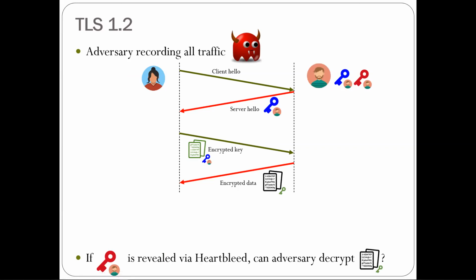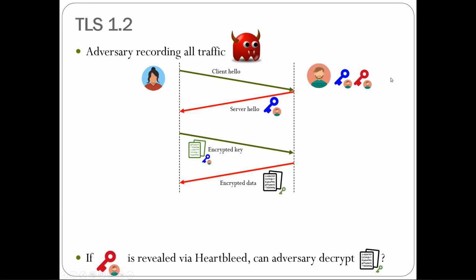You want no, but the answer to this is yes, right? How is this possible that the adversary can now decrypt this payload? As it turns out, this message got transmitted, and because the private key that was associated with this public key was used to encrypt the session key, this session key can be regenerated.